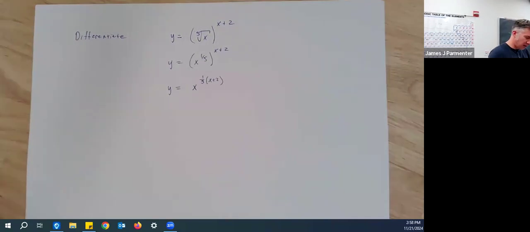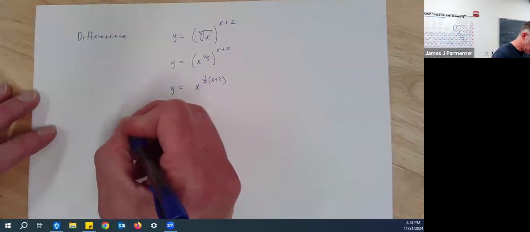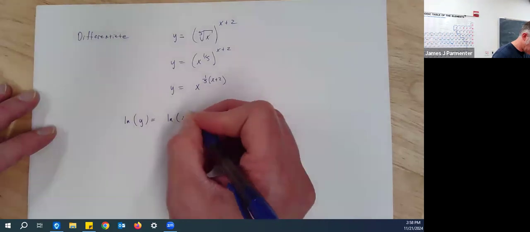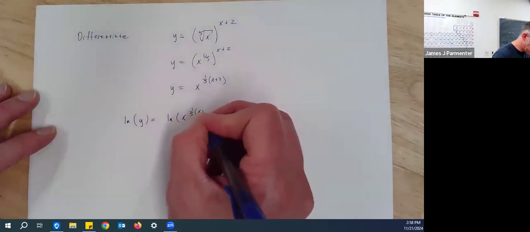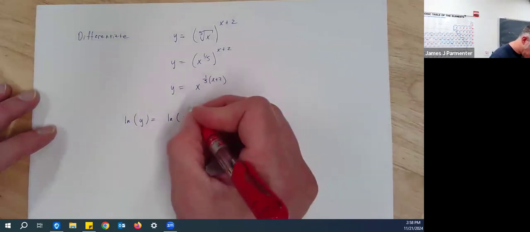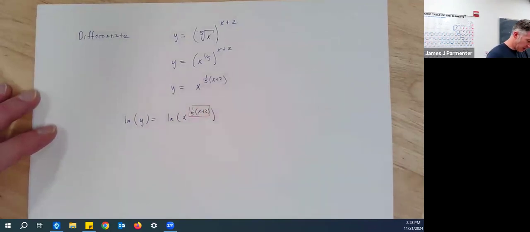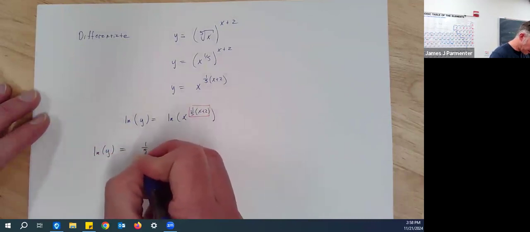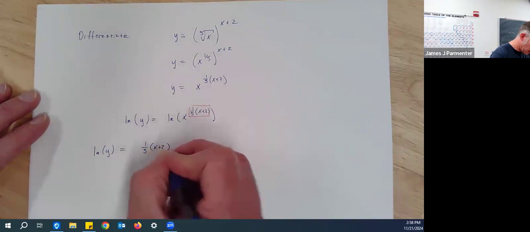And then if we take the natural log of both sides, look what happens. You get the natural log of y equal to the natural log of x to the 1/5 times x plus 2. And then we bring the entire power down. And so we end up with the natural log of y equal to 1/5 times x plus 2 times the natural log of x.